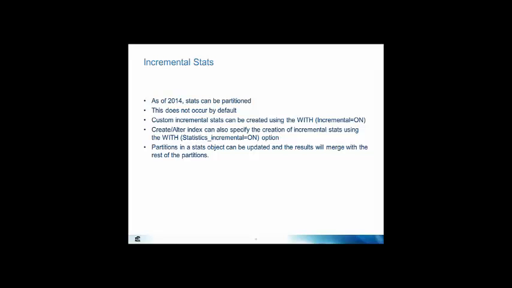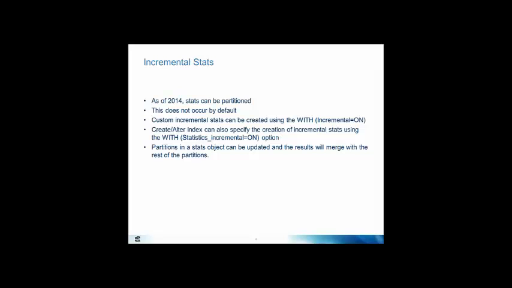Now, as of 2014, this works differently. This algorithm changes. So when we create our index, if we specify statistics incremental equals on, then it's no longer 20% of the table overall.